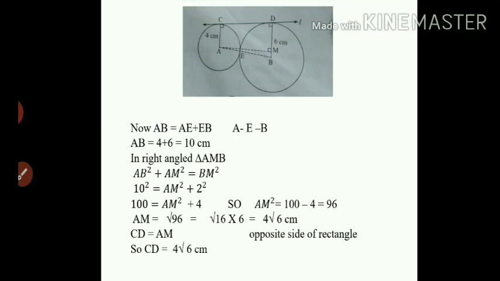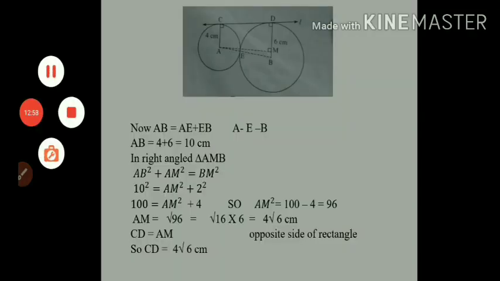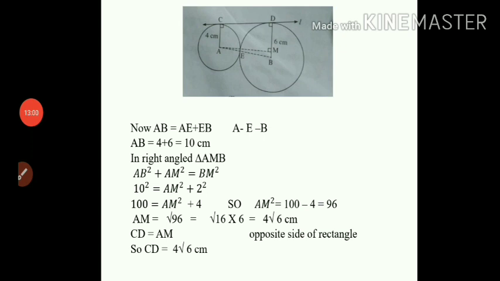So this is my final statement. Once again I will repeat, my students, there is a slight correction after step C, in right angle triangle AMB: AB square will be equal to AM square plus BM square. Rest all the steps are proper.